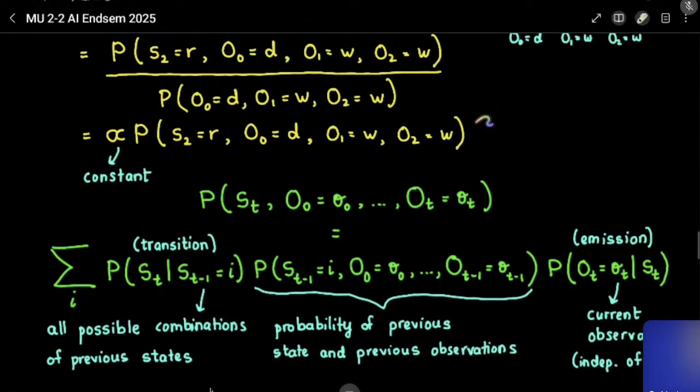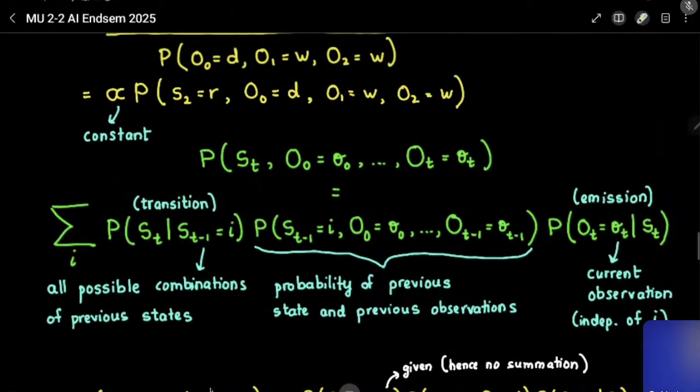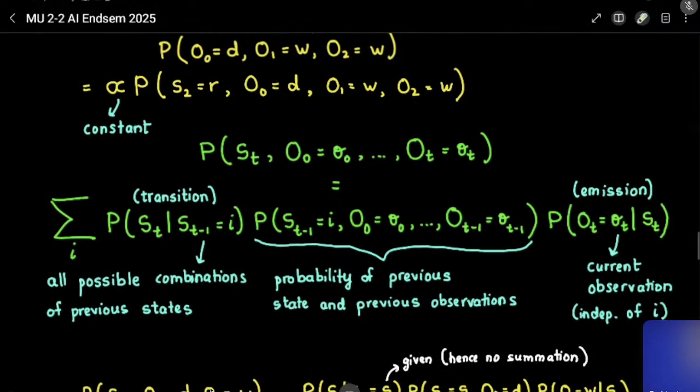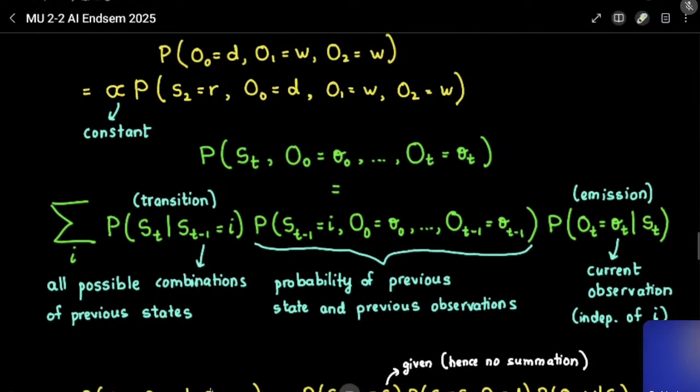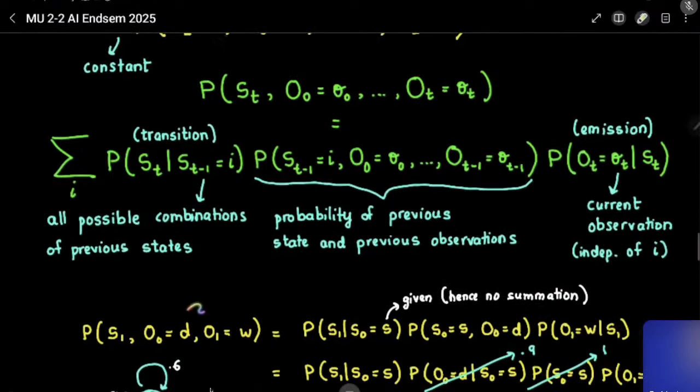So we'll be splitting this one. If we split this using this formula, we will get something in terms of the probability of S1. So first we'll find the probability of S1 given the sequence of observations until that given day. This state is ST minus 1, right?